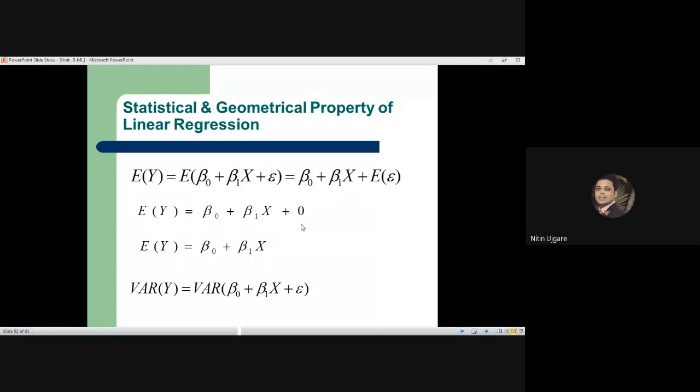So now we'll see the statistical and the geometrical properties of linear regression. The expected value of y is equal to the expected value of beta 0 plus beta 1 times x plus epsilon, and this is represented as beta 0 plus beta 1 into x plus the expected value of epsilon. Just now we have calculated the expected value of epsilon; we just put it into the equation.